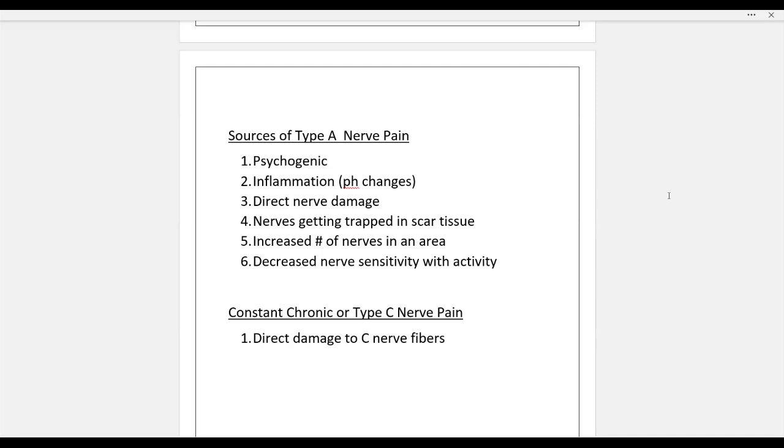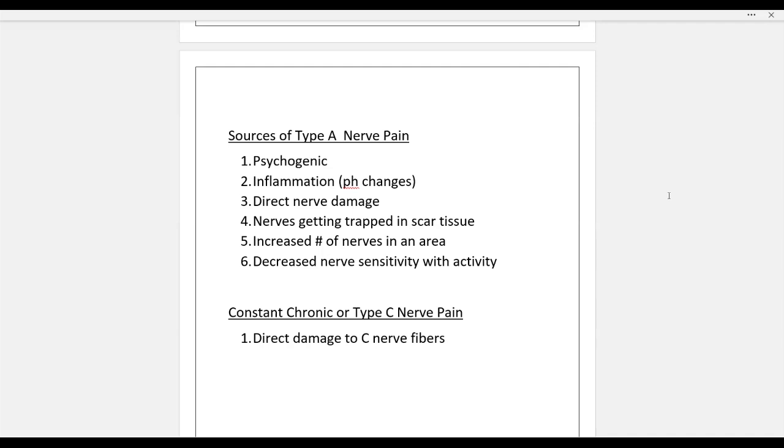So are we typically talking about psychogenic nerve pain? No. Are we typically going to be talking about inflammatory pain, in other words, from pH balance differences? No. Not typically. Okay. Direct nerve damage. Could be that nerve damage stays the way it is, becomes permanent.